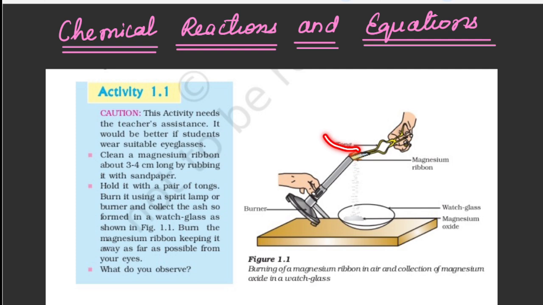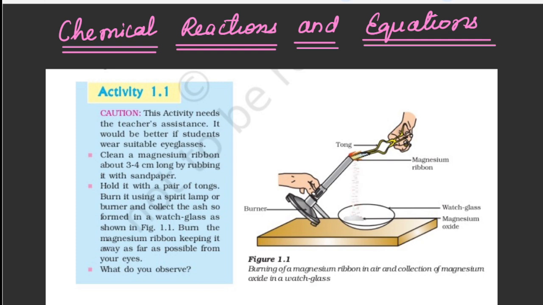One is a bright, dazzling white flame. Students, this is a bright light, so seeing this with the naked eye can be dangerous. Therefore precautions should be taken here. This is one observation.